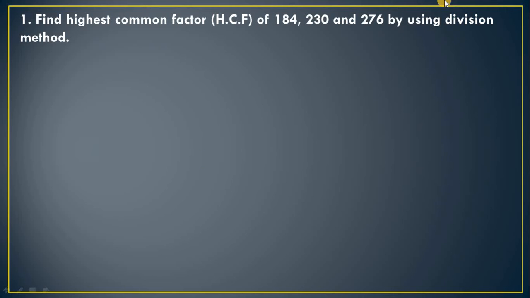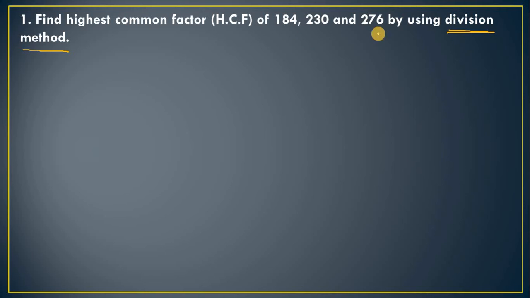Next one is HCF using the division method. This is a different concept for calculating HCF using division. Very rarely do we actually use the prime factorization concept, but according to the syllabus you should know the division method also.